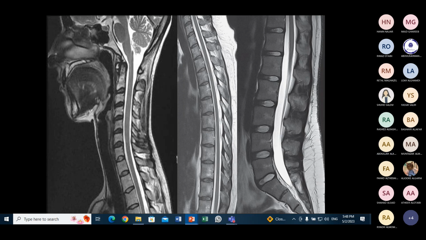T1. Why T1? CSF is white. So when CSF is white, this is T2. يعني قلنا الفلويد دايما بتكون white or hyperintense or high signal in T2. So this is cervical spine, MRI, sagittal T2.